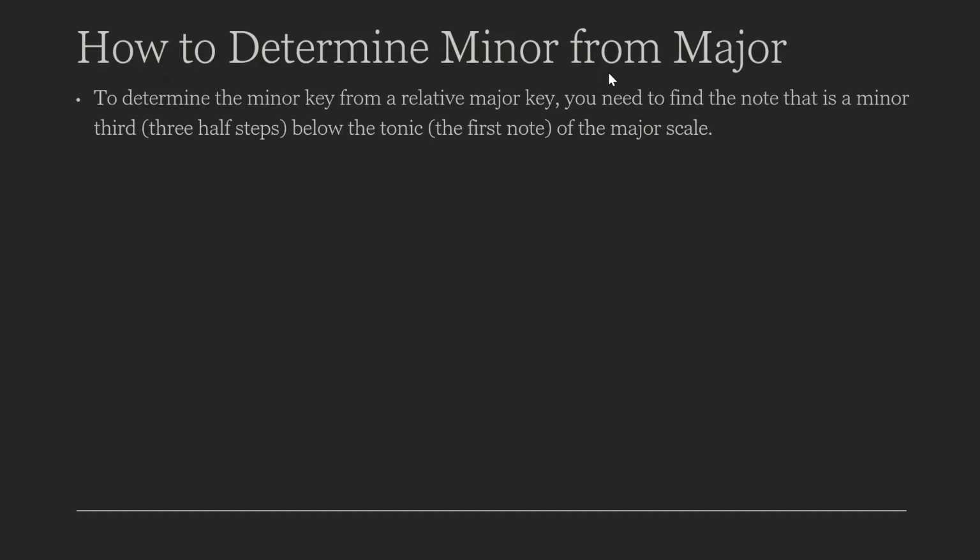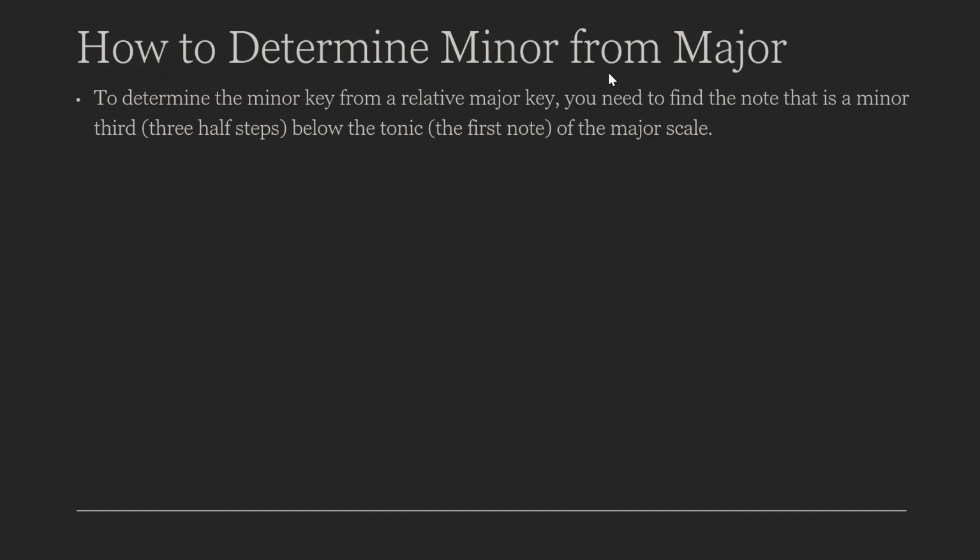How do we determine a minor from a major? To determine the minor key from its relative major, you need to do the following things. One, from the major key, go down a minor third.